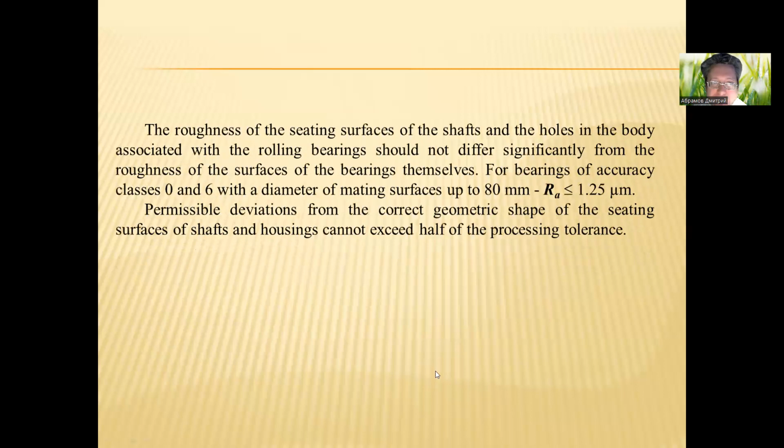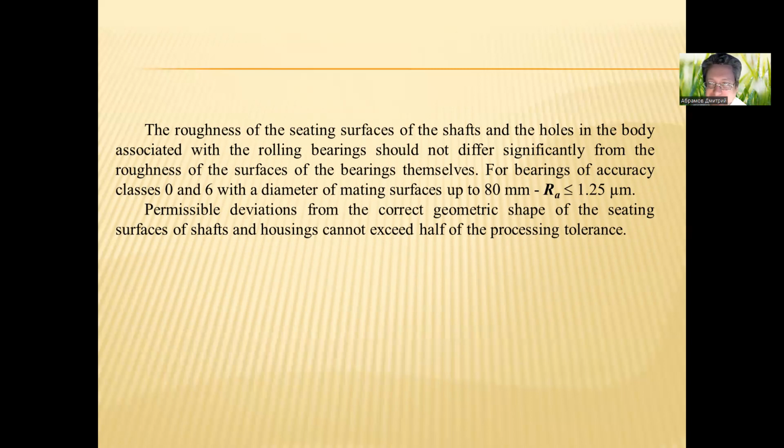The roughness of the seating surfaces of the shafts and the holes in the body associated with the rolling bearings should not differ significantly from the roughness of the surfaces of the bearings themselves.